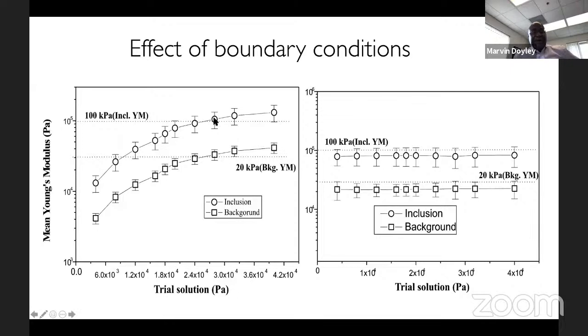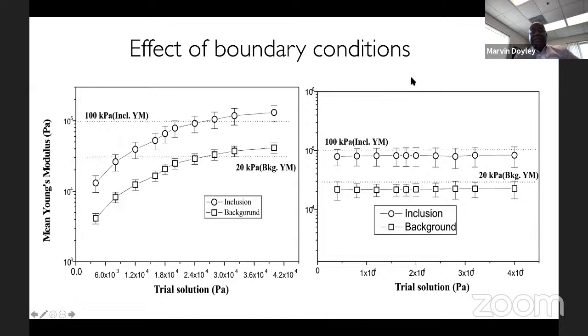What you will find is that it will do a good job in terms of recovering the ratio between, let's say, an inclusion and its background. If it's a homogeneous tissue, you basically won't be able to solve that because we don't have enough information.